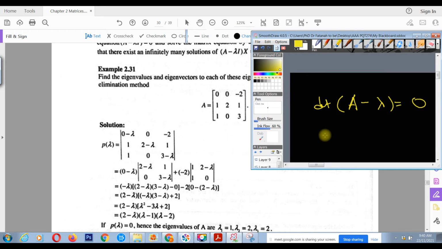A is 0, 0, negative 2, 1, 2, 1, 1, 0, 3.